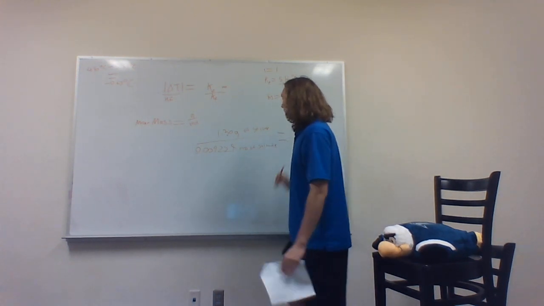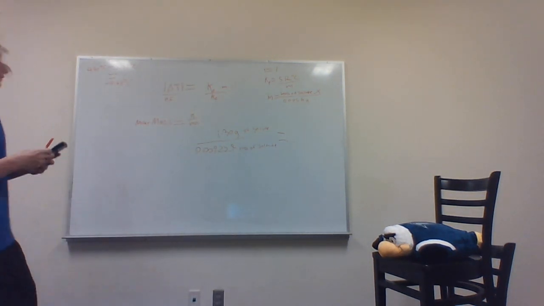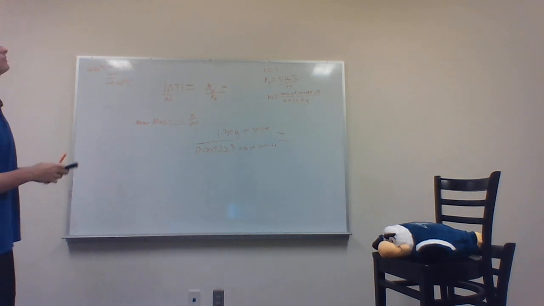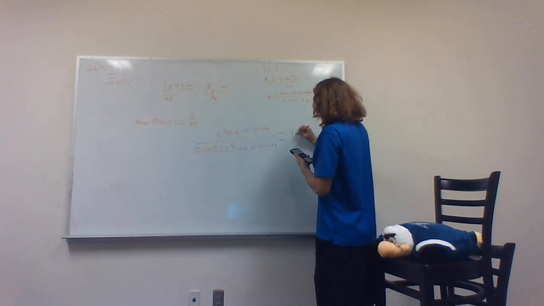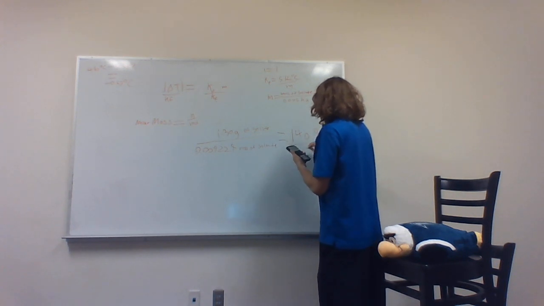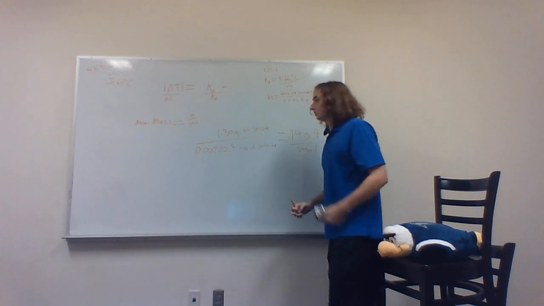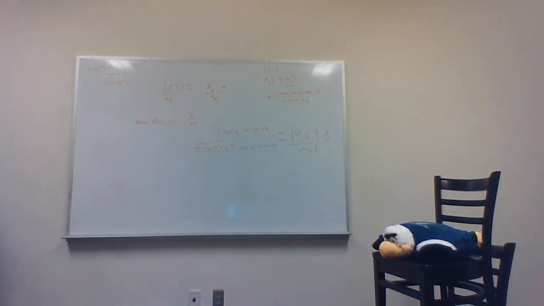And this will give us the molar mass of the solute. Okay, and this will give us 140.9 grams per mole. So that is the molar mass of the unknown compound.